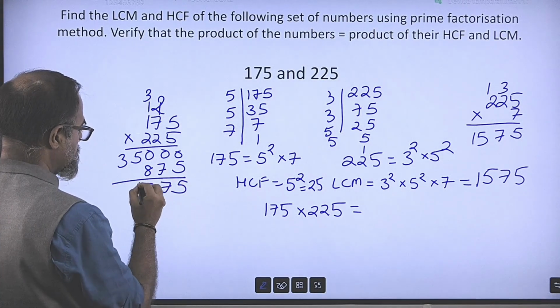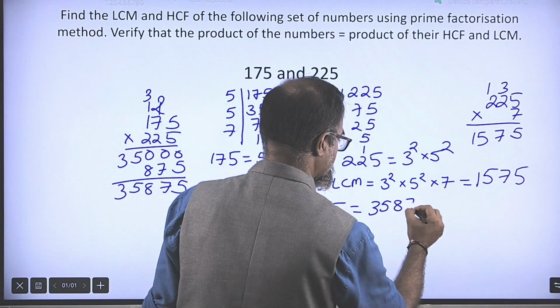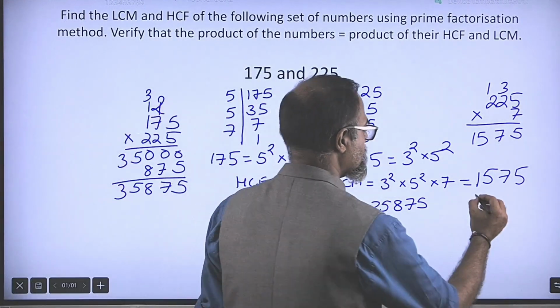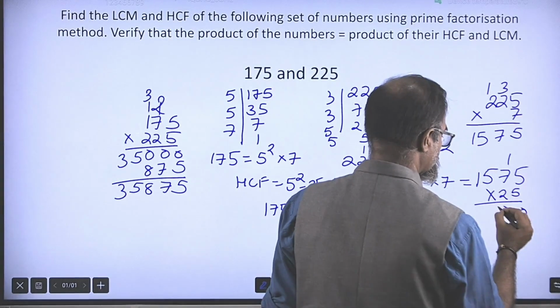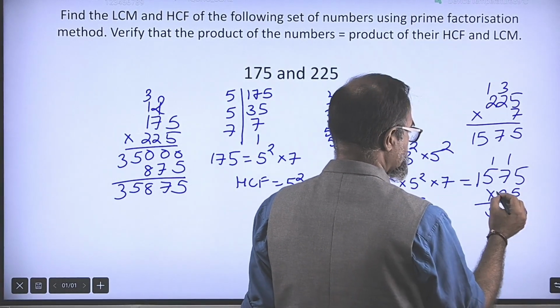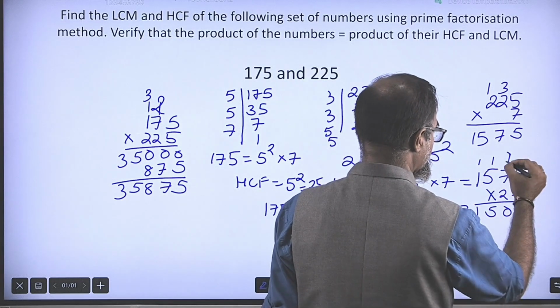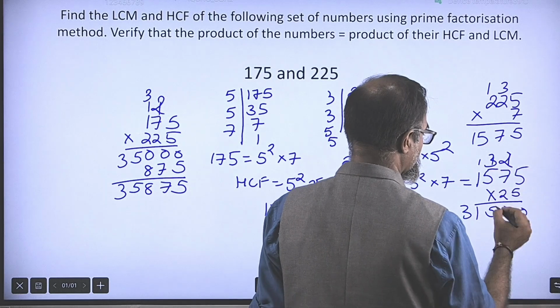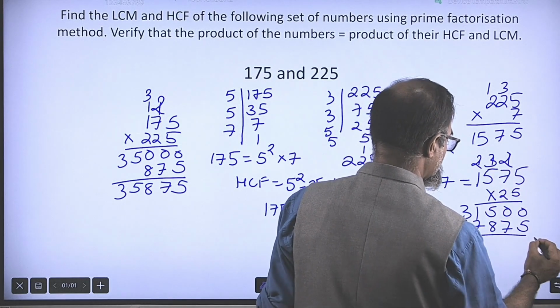So I get my answer 35875, and 25 into 1575. So 1575 into 25. 2 5s are 10, 2 7s are 14, 15, 2 5s are 10, 11, 2 1s are 2, 3, 5 5s are 25, 5 7s are 35, 37, 5 5s are 25, 28, 5 1s are 5, 6, 7.